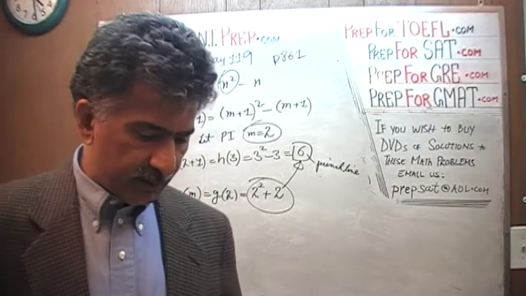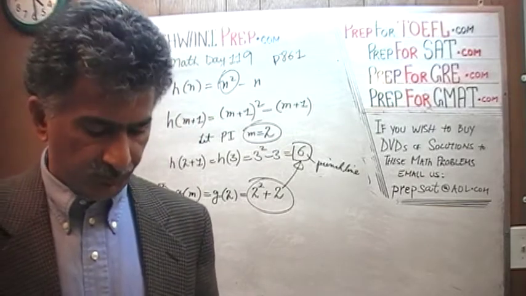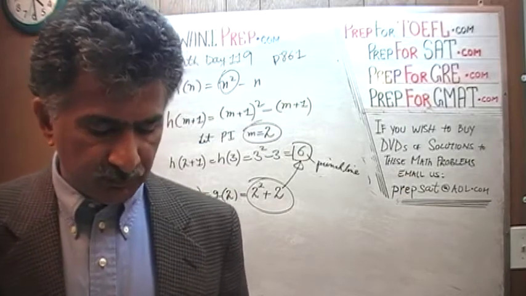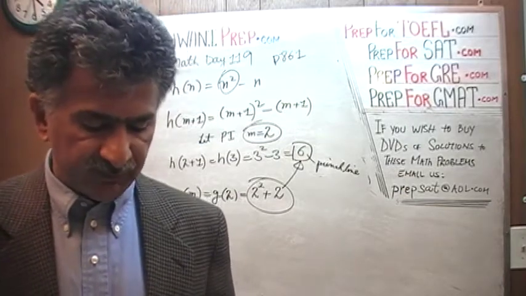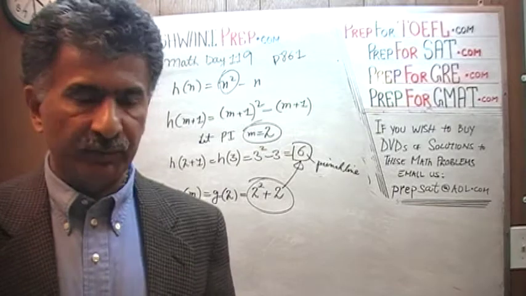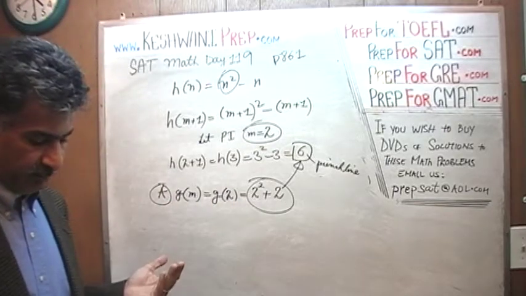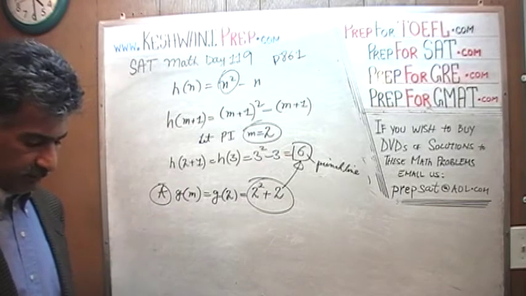If you try out all the others, you will see that they all give you different values. Obviously you can clearly see that B and C are not going to work because B says plus 1 and C says minus 1. g of 2 equals 6, so g of m plus 1 is going to be 1 more and the other one is 1 less.